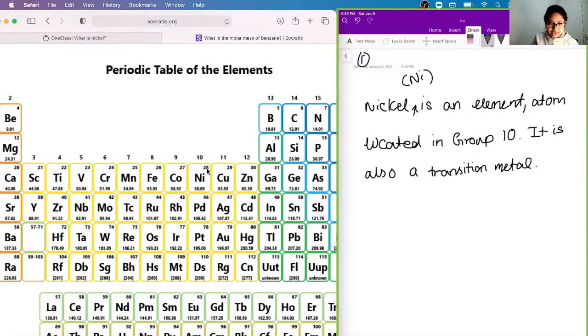You can see it's group 10. It has an atomic number of 28 and a molar mass of 58.69 grams per mole, which is also the atomic mass unit.